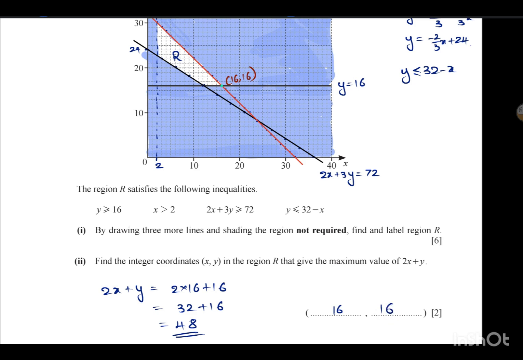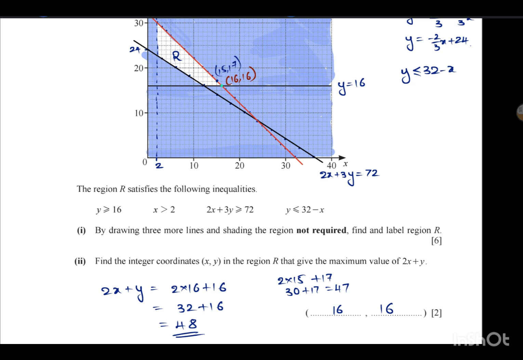Using this 16 and 16, we get the maximum value for the expression. So the answer is 16, 16. If I take some other points, I'm just showing you how, like 15 and 17: 2 into 15 is 30, plus 17 will be 47, which is not the maximum. You can try with any other coordinates.